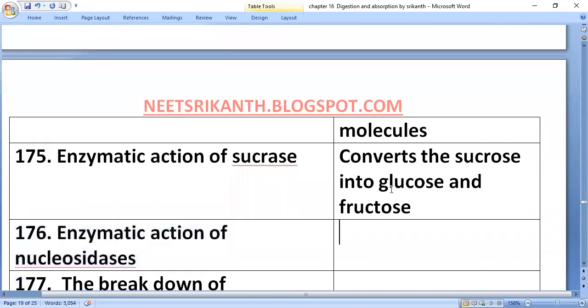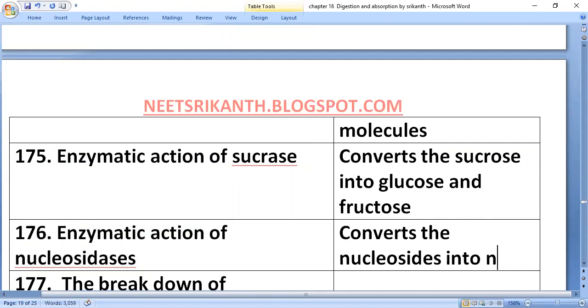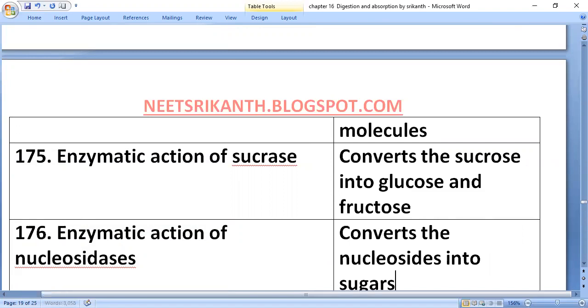Enzymatic action of nucleosidases converts the nucleosides into sugars and nitrogenous bases.